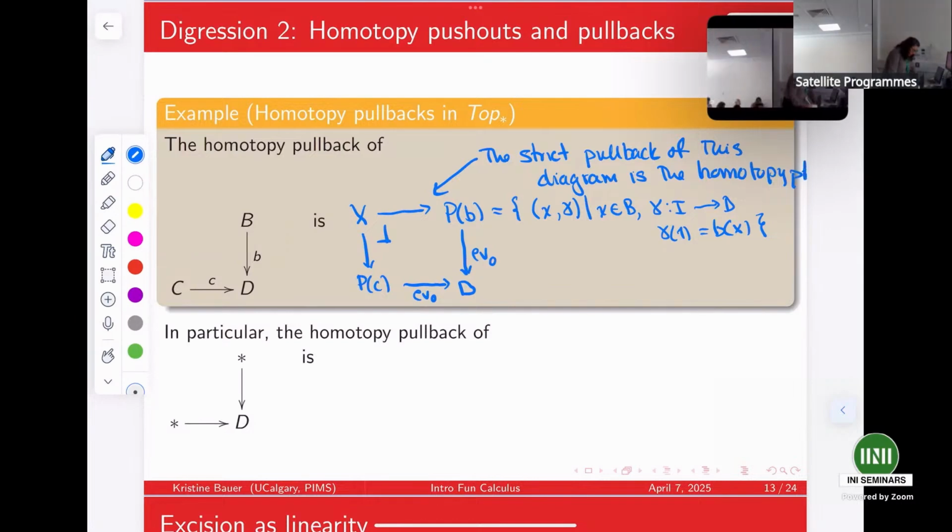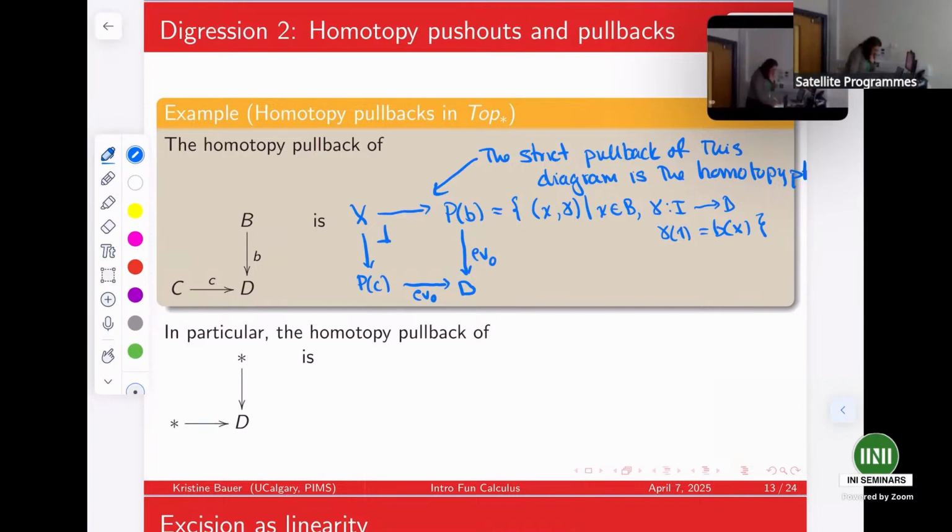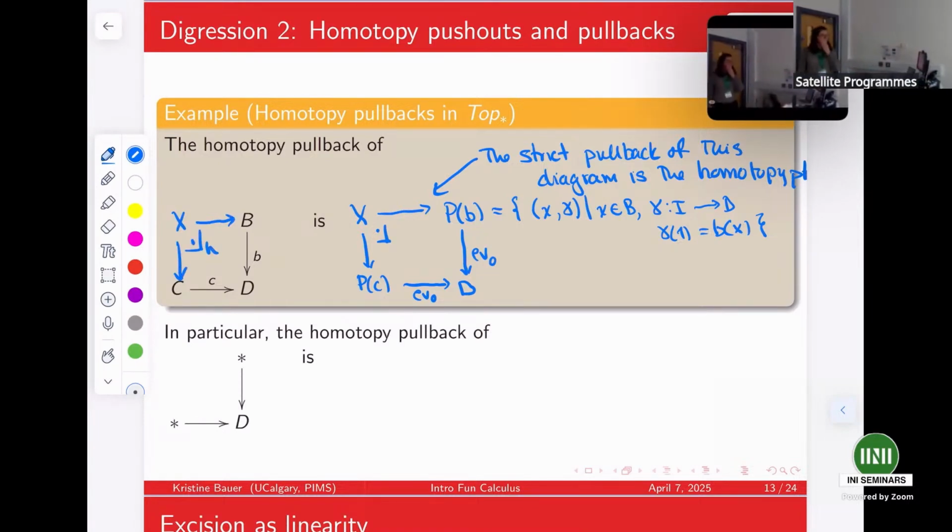Can't quite fit it. Okay, so, yeah, good enough. And then I can complete this diagram this way to make it clear that that's what I mean.